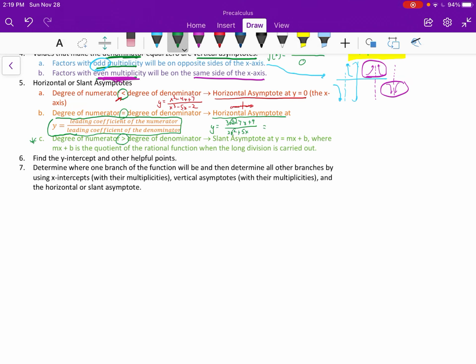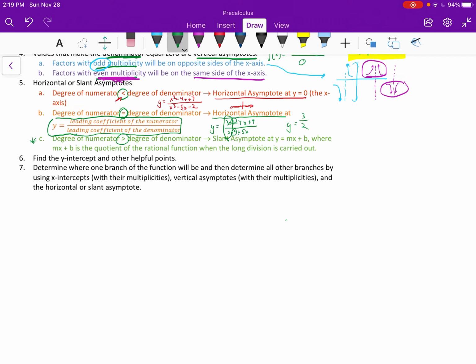They're both 2. And so it fits that the degree of the numerator is equal to the degree of the denominator. So therefore, I should put an equal sign here. Therefore, there would be a horizontal asymptote at y equals 3 over 2, because we look at the leading coefficients.